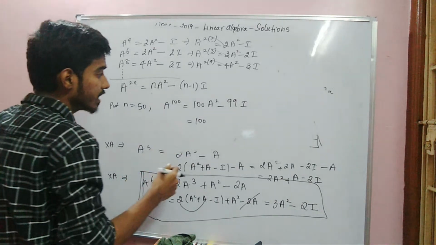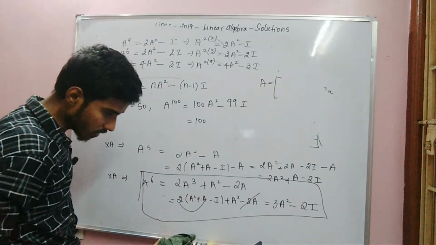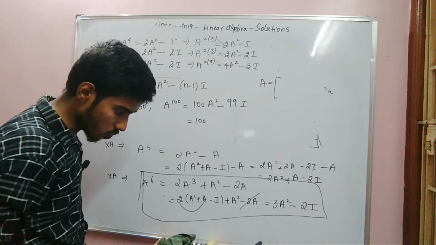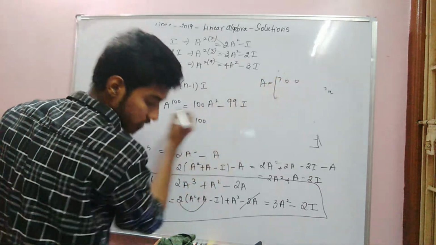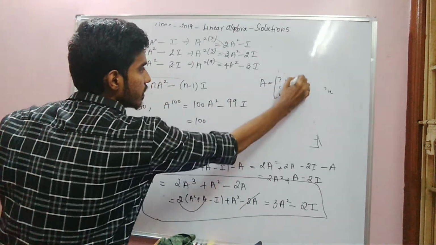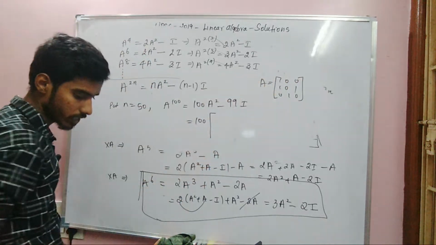So you just find A square. So we have A equal to the matrix 100, 101, 010. If you find A square, you just substitute the A square value here.